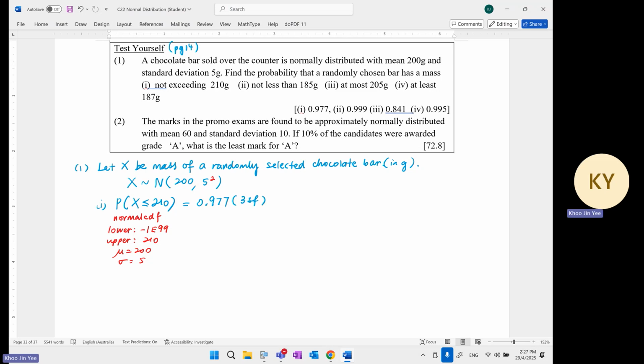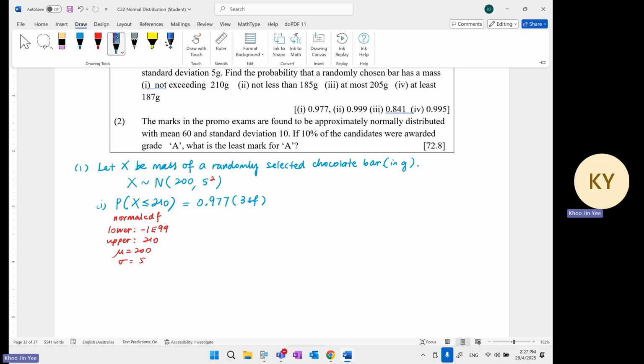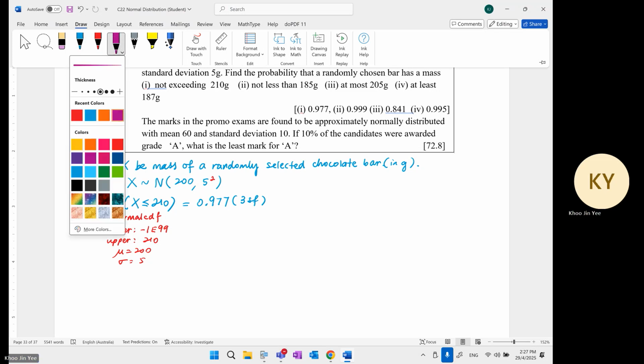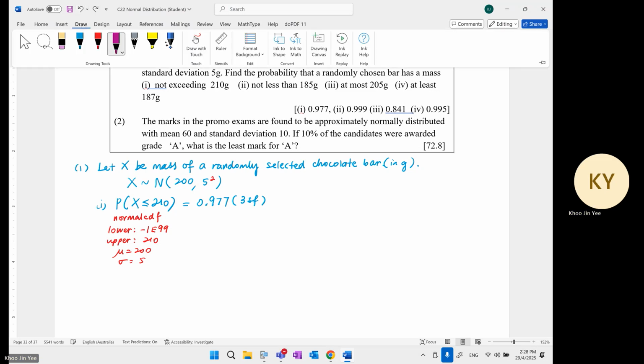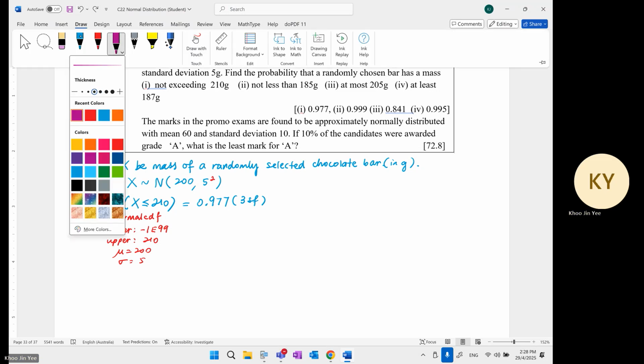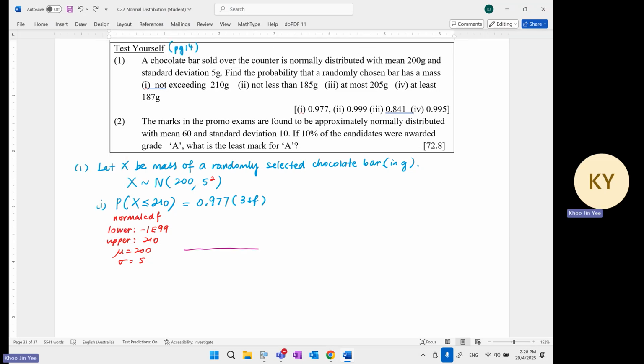Now when you're doing this, mentally the image that I want you to have would be something like this.